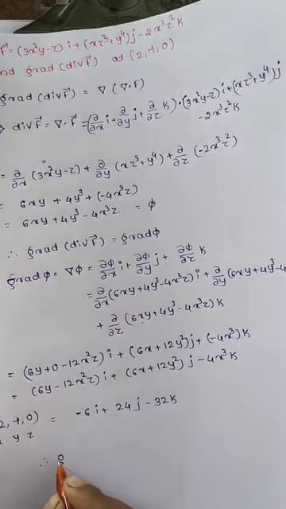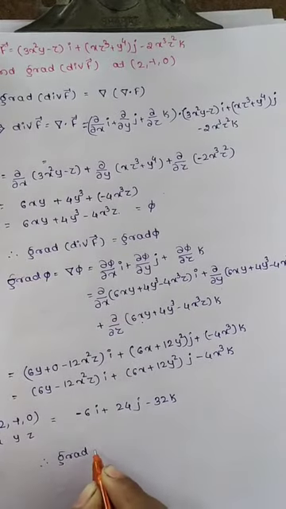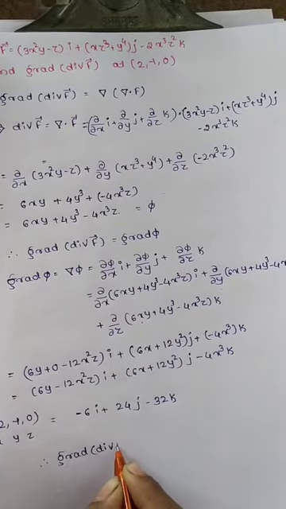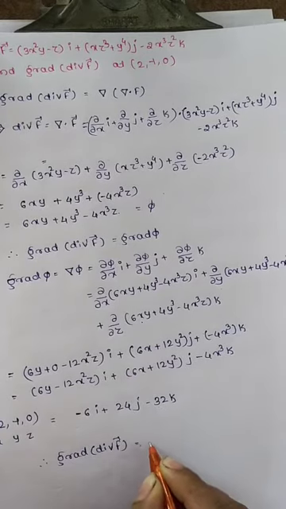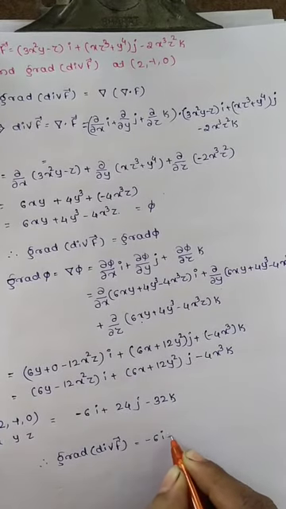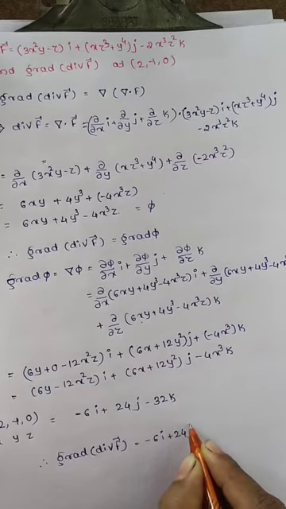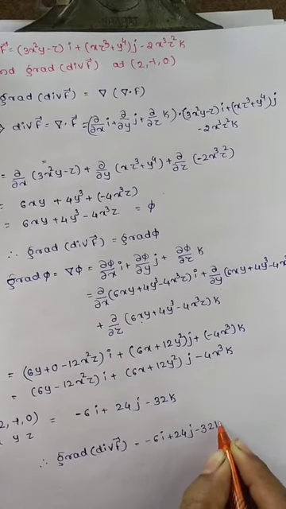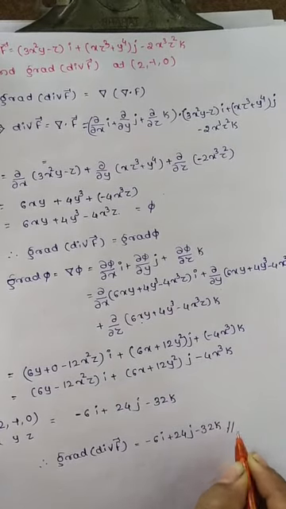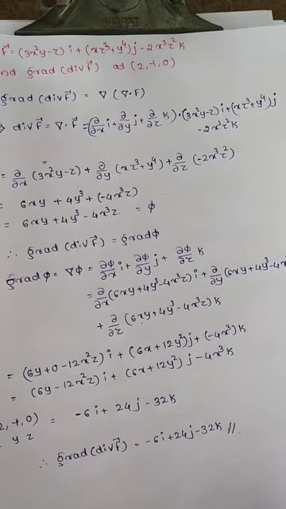Therefore, grad of the divergence of f is equal to −6i + 24j − 32k. This is the result we wanted to find.